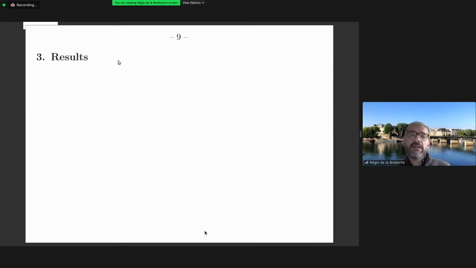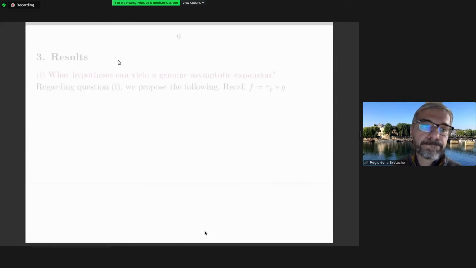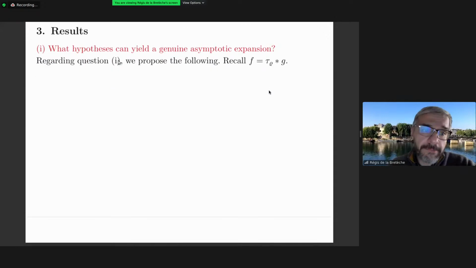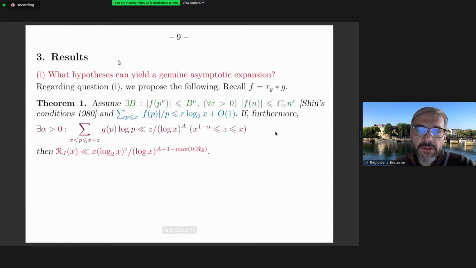Okay, so let's explain our results. So for the first question, we recall the convolution: f is rho convolution with J. And we have the first theorem. So I will explain the assumption.